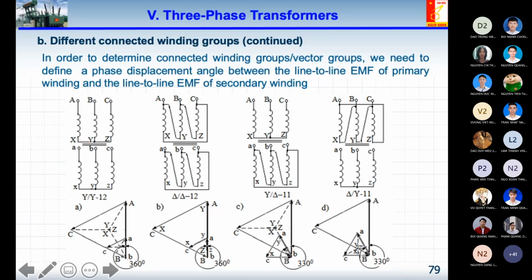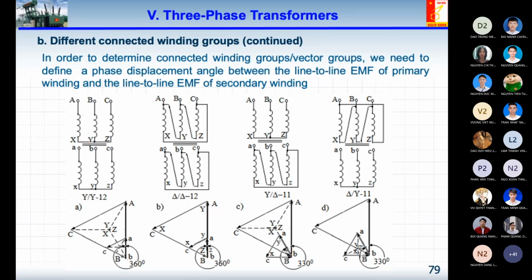First of all, I would like to show you the way of defining the vector group of the transformer. In order to determine the vector group of the transformer, we have to define the phase displacement, or the phase angle, between the line-to-line electromagnetic force of the primary winding and the secondary winding.